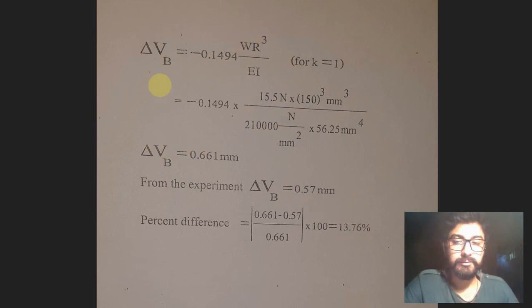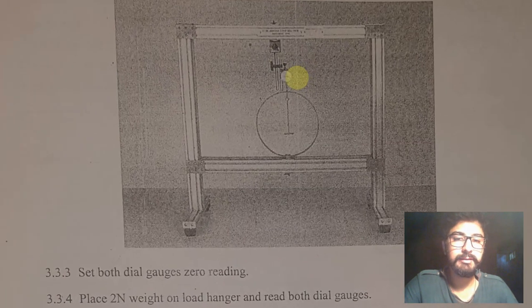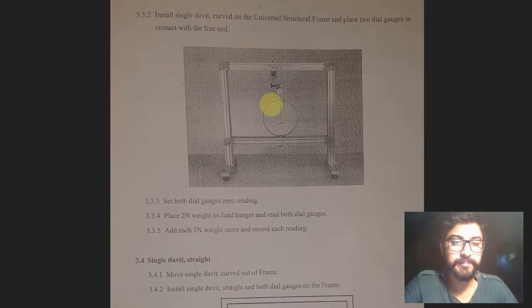Again, you can note that here we only have the vertical displacement and no horizontal displacement, because as we have already discussed, the full circle only has a vertical dial gauge. It cannot have a horizontal dial gauge.